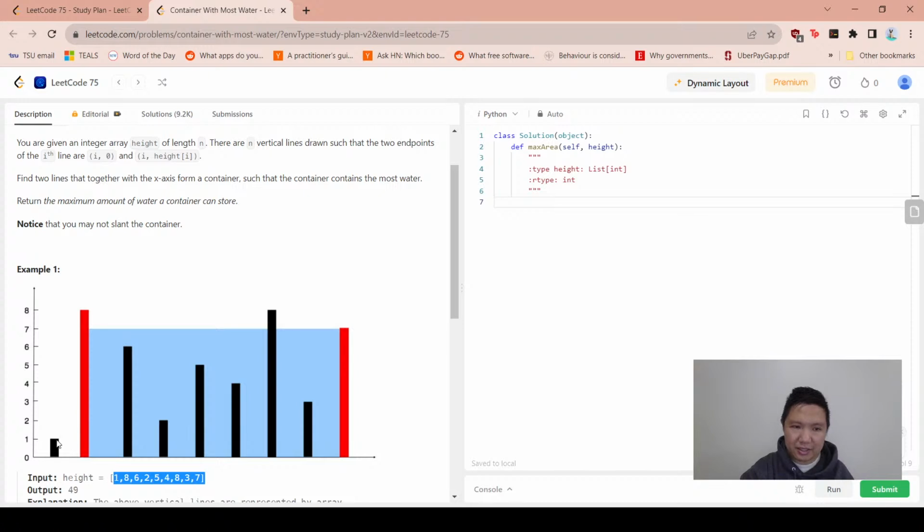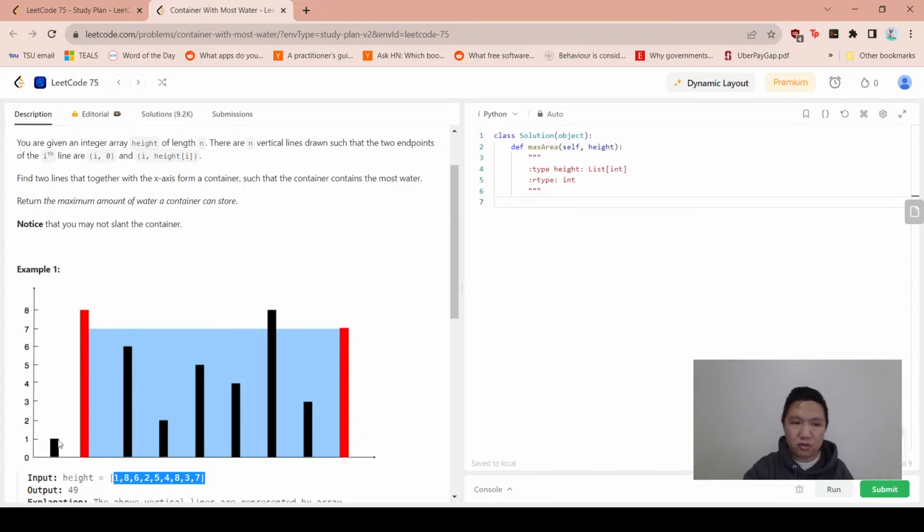Water comes up to this line right here on the 1. And because the two lines are one space apart, the total amount of water is just 1. Okay? So we learned two things here. Basically, one is the water contained between two walls is at the height of the shorter wall.